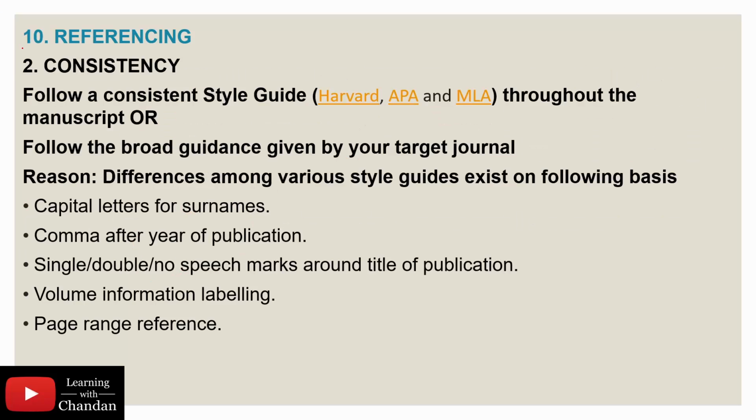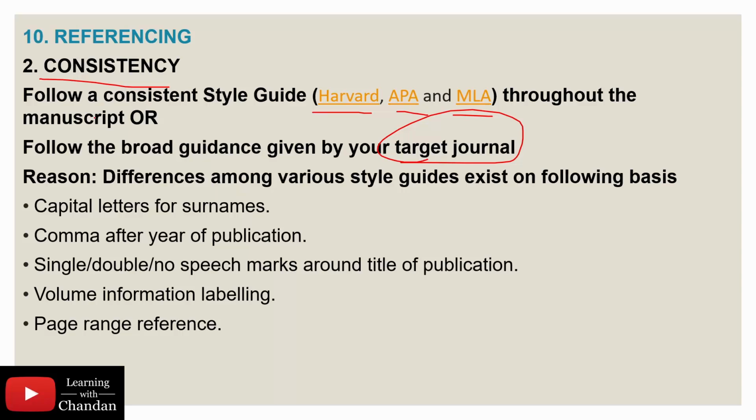Next thing to check while proofreading is the consistency. Please make sure that you follow a consistent and recognized style guide among Harvard, APA, MLA, Chicago manual throughout the manuscript, or you can also follow simply the guideline given by your targeted journal.